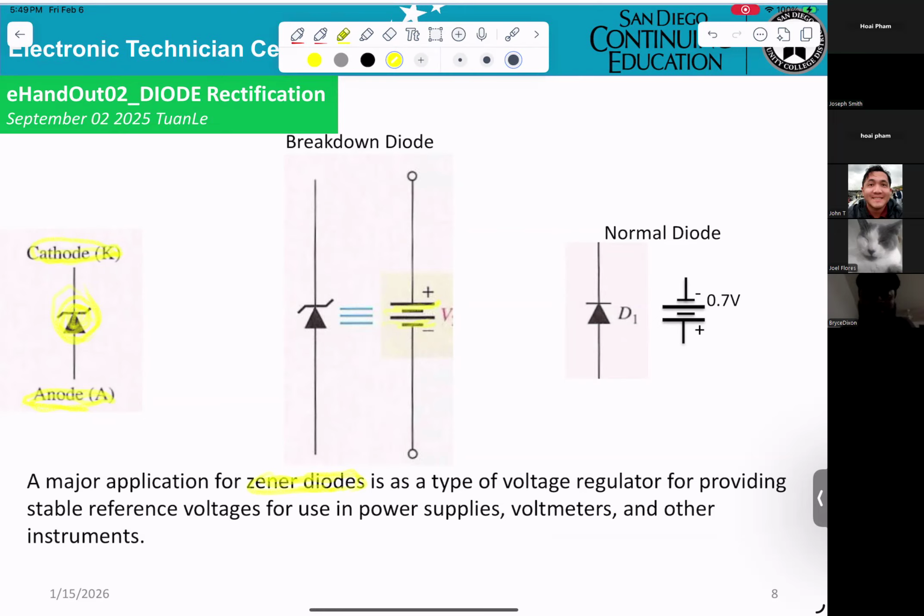You have to tell the voltage, like 5 volt Zener diode, 10 volt Zener diode. That's okay. So this will be equal to VZ. It can be any voltage, but it must be at that voltage. That means breakdown diode.